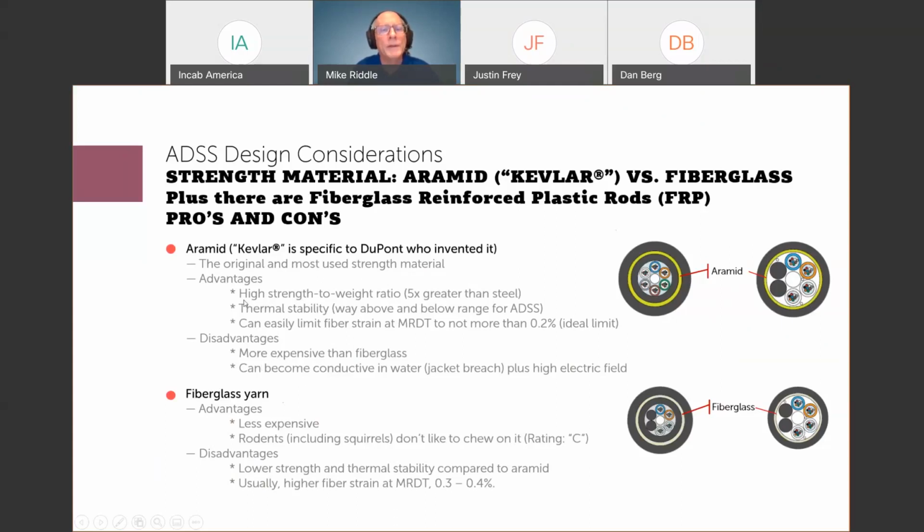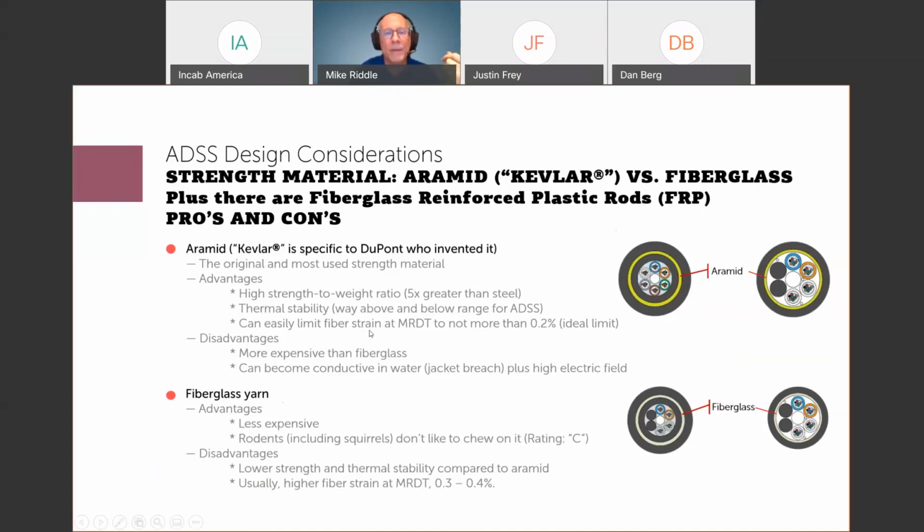So ARAMID has a very high strength to weight ratio. On that basis, strength to weight, it's 5 times stronger than steel. It's highly thermally stable, and it's so stable, it's way above and below the range of temperatures that you would use an ADSS in. It becomes easy to limit the fiber strain.